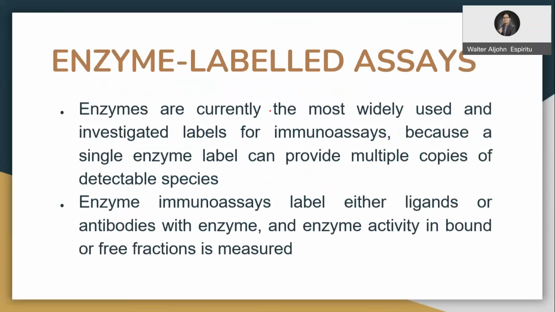Because a single enzyme label can provide multiple copies of detectable species, it can be used to identify reactivities. So enzyme immunoassays label either ligands or antibodies with the enzyme, or an enzyme activity in bound or free fractions is measured using these assays.